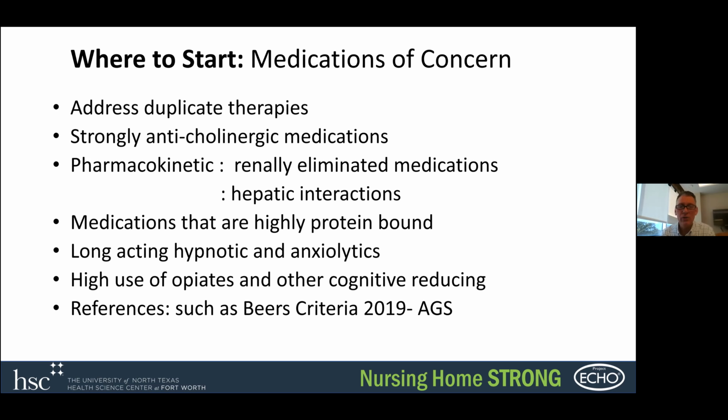Strongly anticholinergic medications is a huge category in the elderly. We don't like anticholinergic medications because they kind of augment the problems they already have. Issues like constipation are worsened, risks of falling increase, dementia and confusion increase. The more anticholinergic medications you take, those tend to be cumulative.